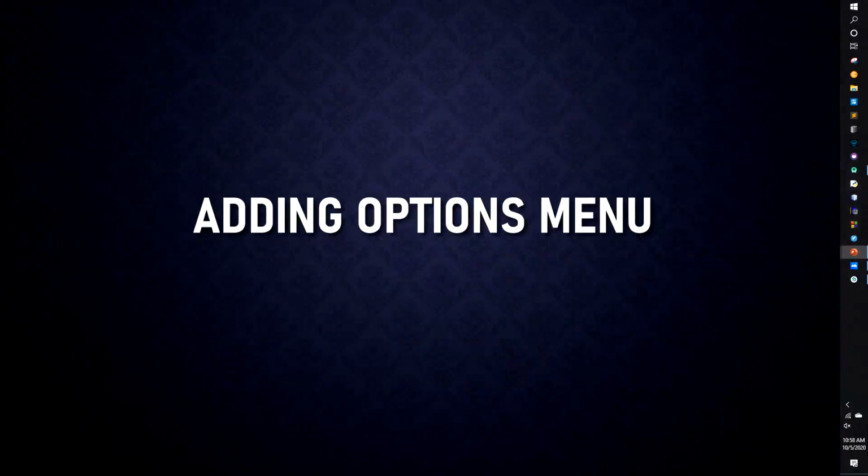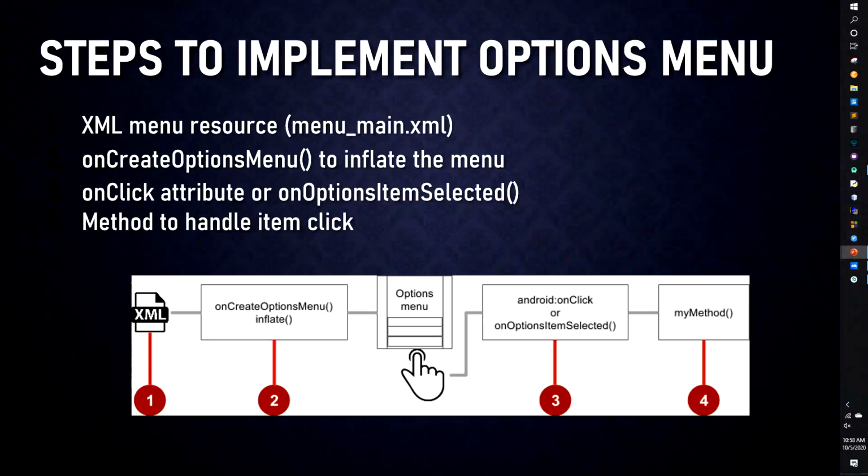Okay, so let's see how we can implement the option menu in our Android app, in concept. First we have to create a menu resource. The option menu will not be included in our activity. Instead, it will be included in the menu folder here.